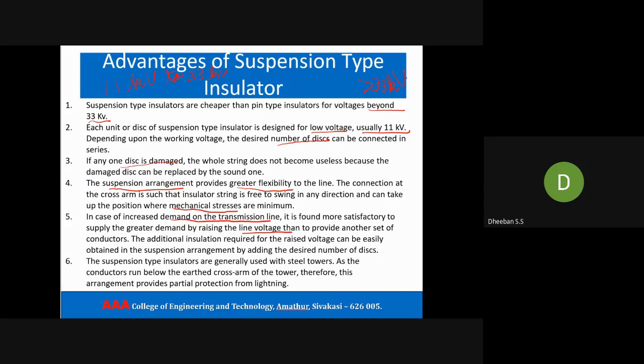They can directly meet the demand. The suspension type insulators are generally used with steel towers. You can expect this for 1 mark: what kind of towers will be used for suspension type insulators, steel towers.